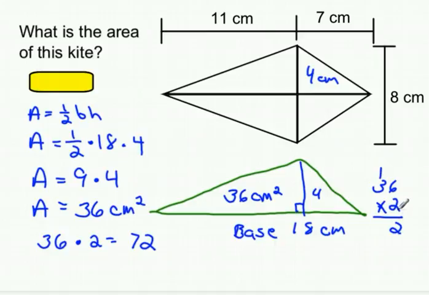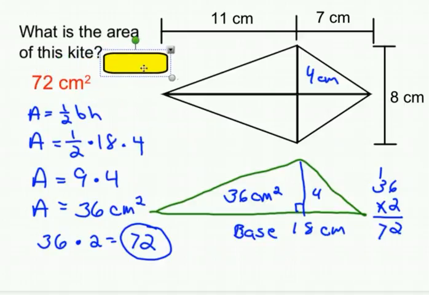Regroup your 1. 2 times 3 is 6 plus 1 is 7. So our answer, of course, is 72. So the overall area for this kite is 72 square centimeters.